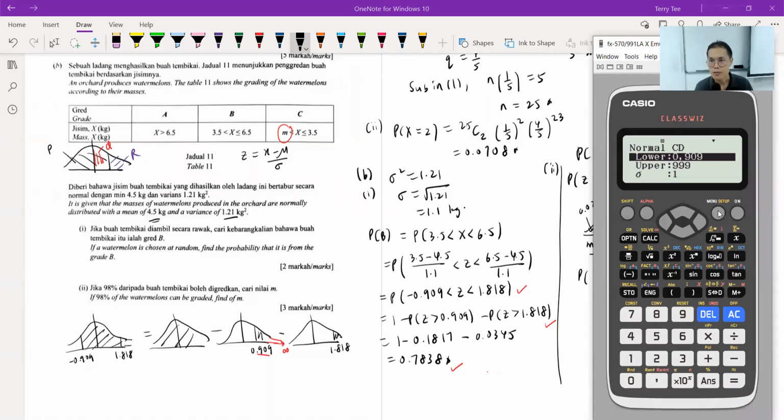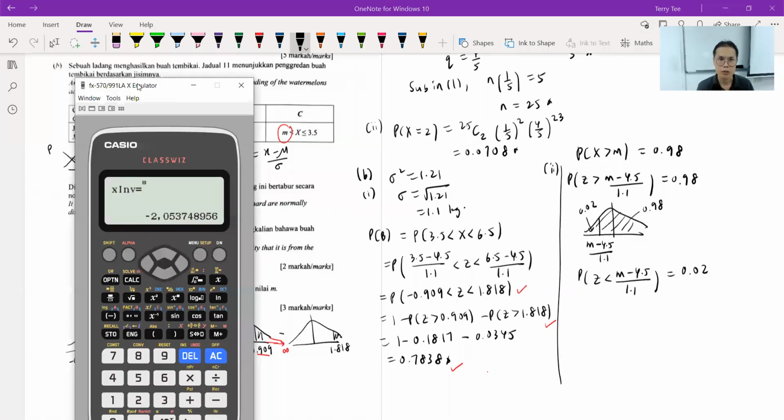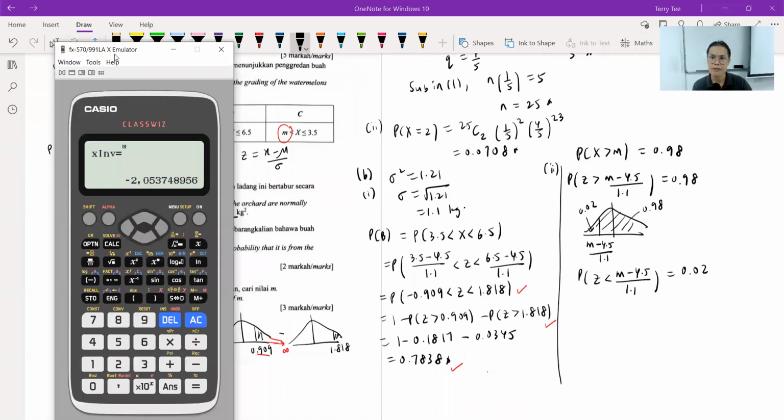All right. You press mode, go to 7 for distribution, go to 3 for inverse norm. Your area is 0.02. You should get the same 2.054. But take note that this calculator is programmed such that the area is measured from lower tail, but your mathematical table is based on the upper tail.